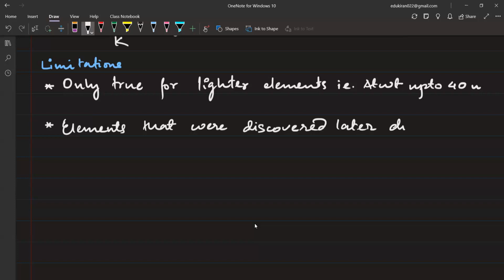Elements that were discovered later did not follow the rule or law. Let me know once you're done writing. Yes, sir, done.